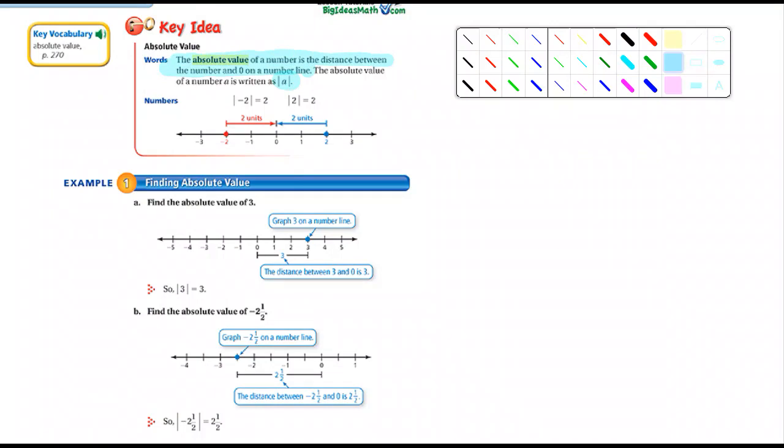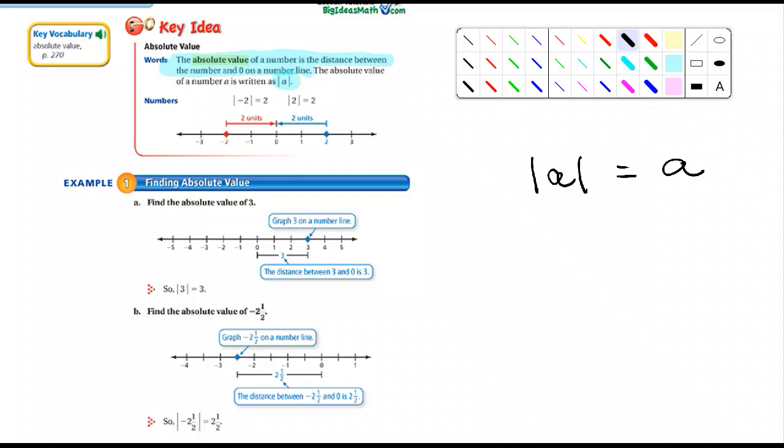If I asked you what the absolute value of A is, Mr. Salcedo, what's the absolute value of A? Look up here, it's not really in your book. Ms. Scott? It's A. The absolute value of A is A. Okay.